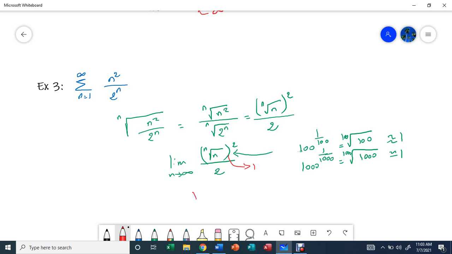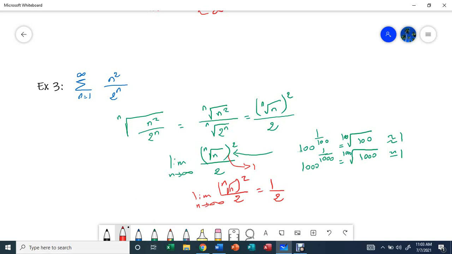So the limit as n goes to infinity of the nth root of n, the whole thing squared, over 2, is just 1/2, because 1 squared is just 1.